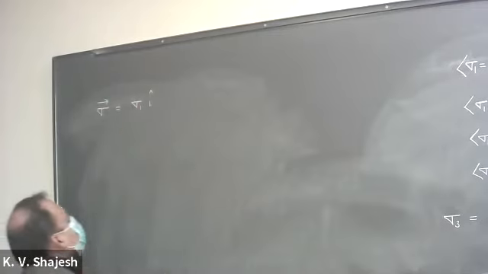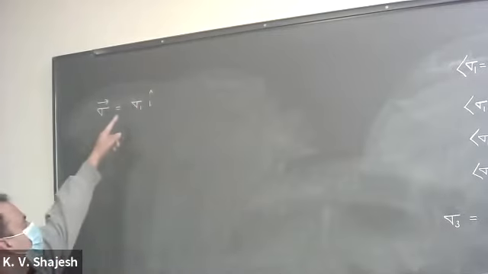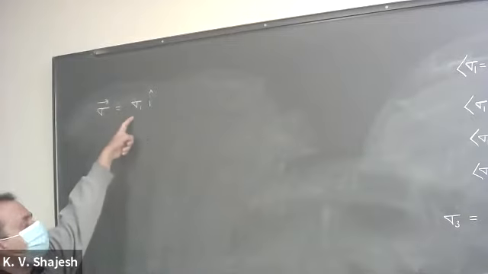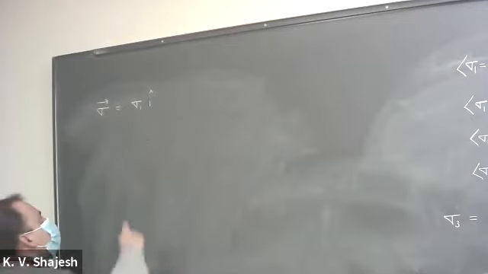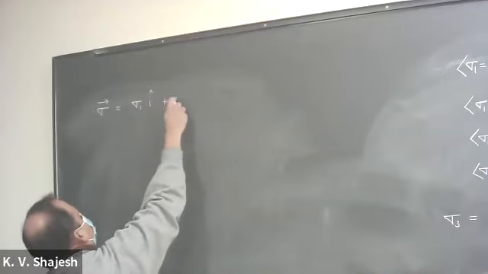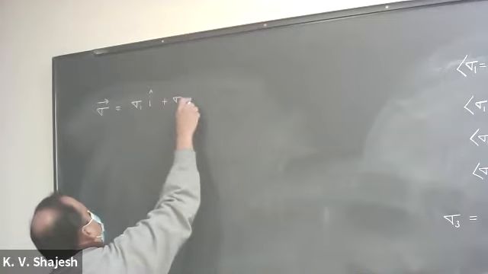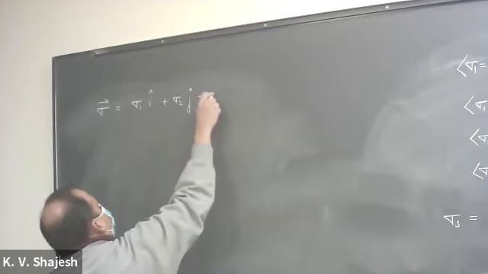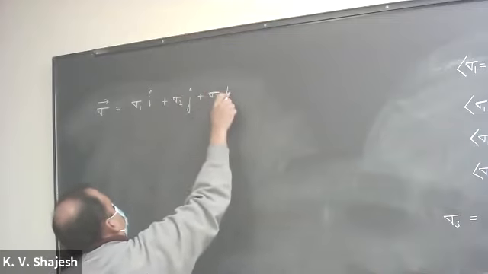Now we are in the basis of sigma 3. This is sigma 1, the first Pauli matrix, multiplied by i hat. That's a space vector. Sigma 2 times j hat, sigma 3 times k hat.